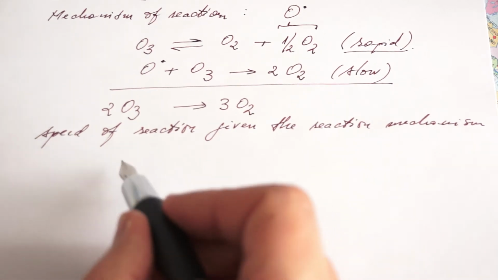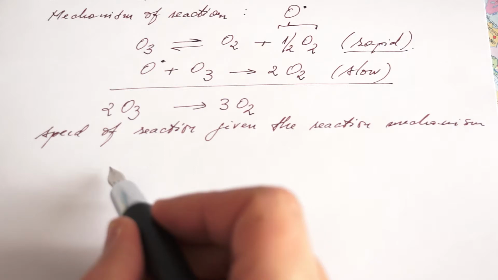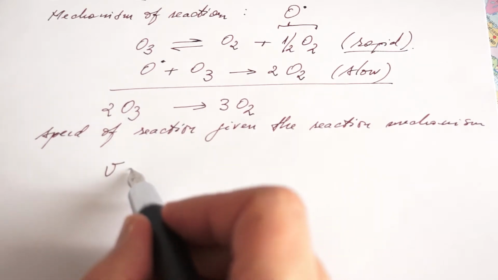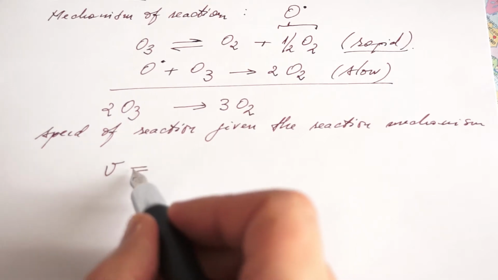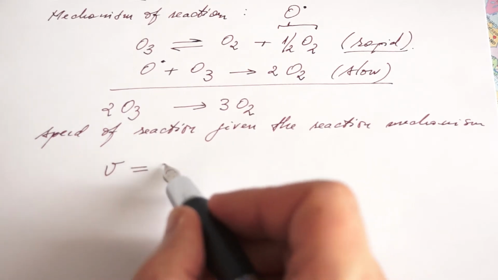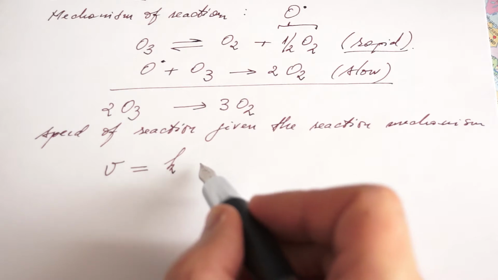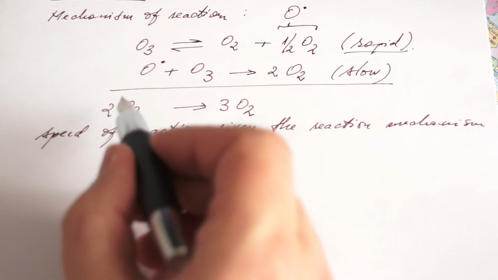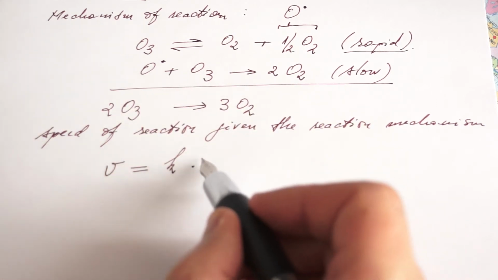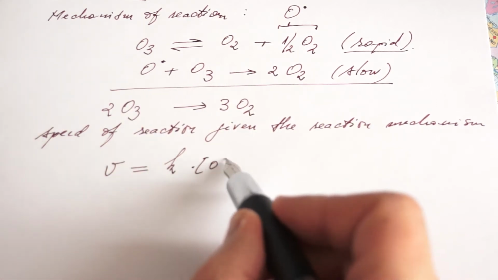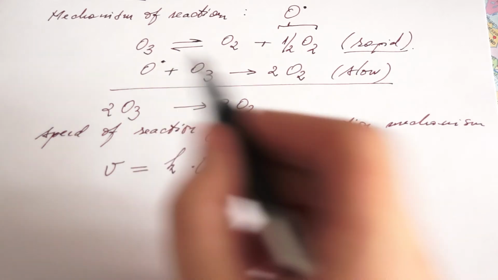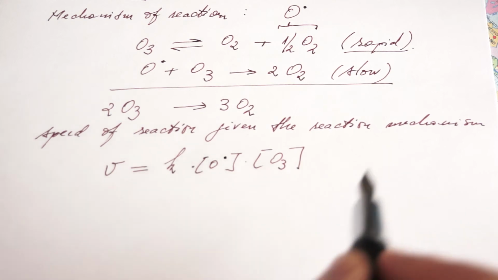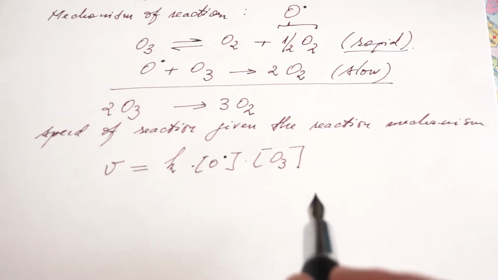If we write the speed of reaction for the slow step, we have the reaction constant k times, referring only to the second equation, the concentration of the oxygen radical times ozone, and it will look like that.